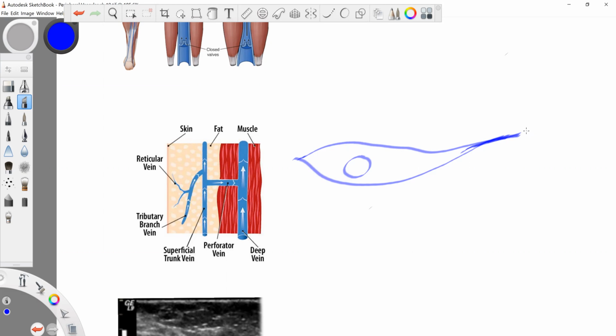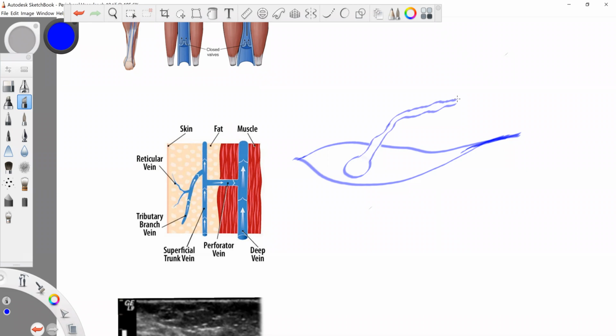By the way, there's a couple of things that could happen. You could have a cutaneous vein, and so as you're coming down, you see a little branch come off.